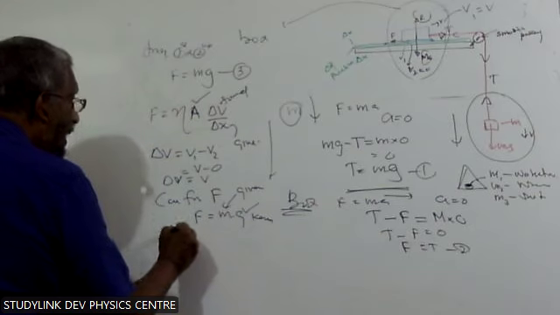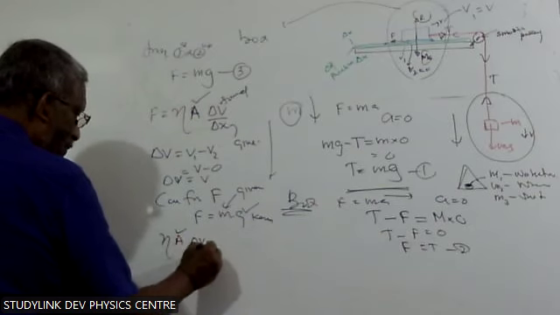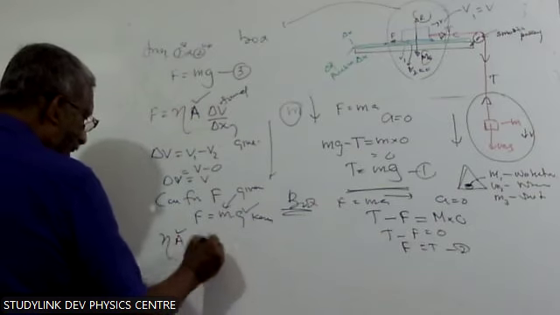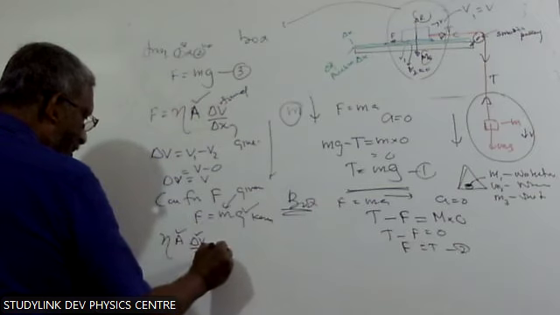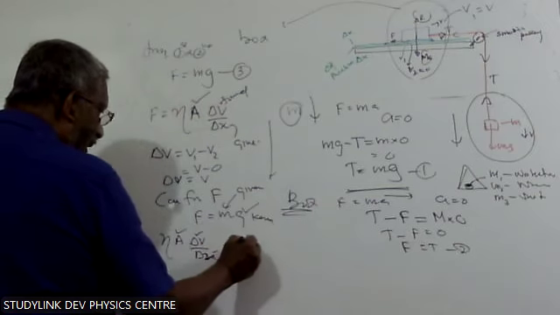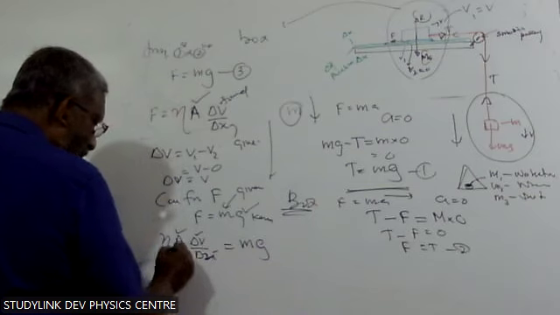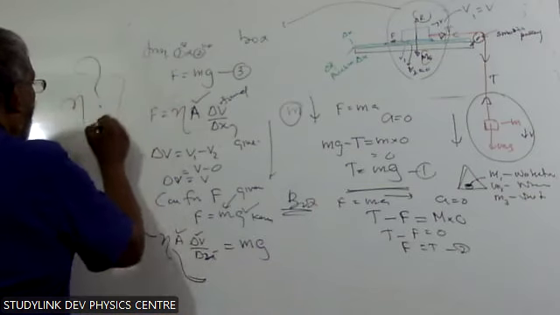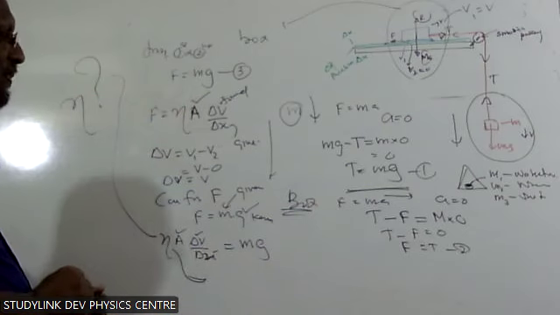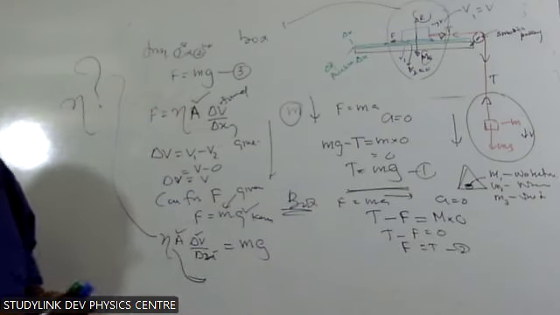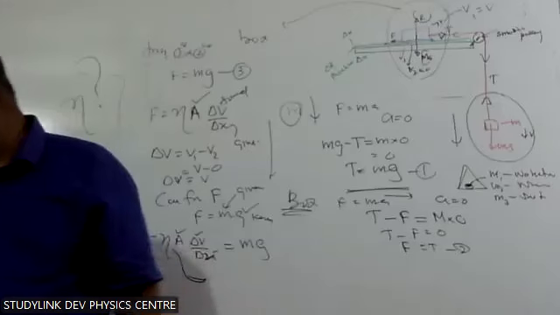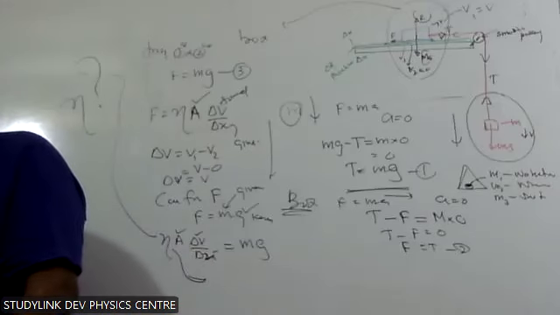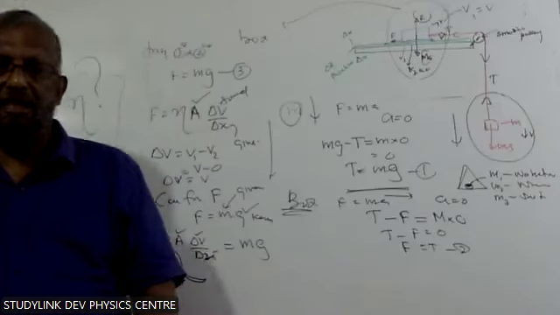Eta A delta V over delta X is equal to mg. This is given. This is known. So this is the unknown eta. Then you can find it. This is a practical method they used early. Note down. There are questions like that.